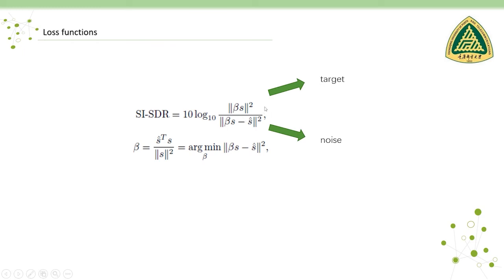The numerator is the target and the denominator is the noise. Obviously, the bigger the SDR, the better. So we want to minimize the noise part.